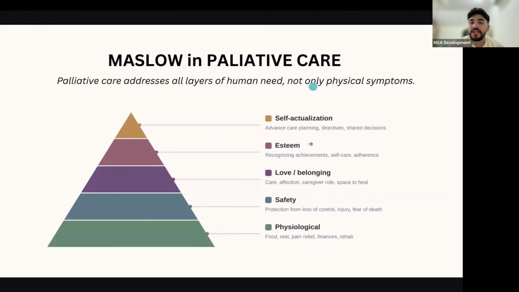And then self-actualization, where you involve them in advanced care planning. You show them how it's going to happen. You be fully transparent with them, and make them involved in decisions, right? Them, and of course their family. All right. So the Maslow is just trying to tell you that palliative care should touch upon all of these layers, because all of these will make up the human need.